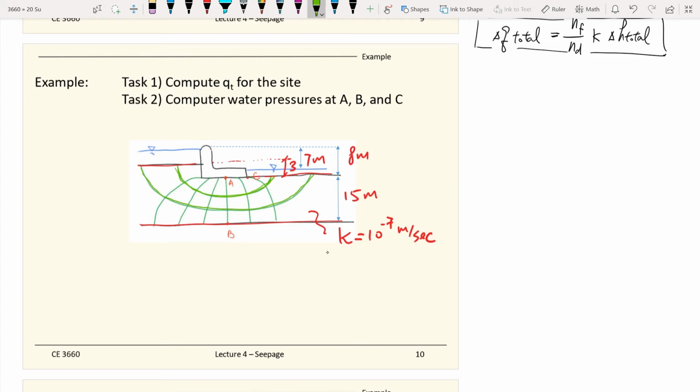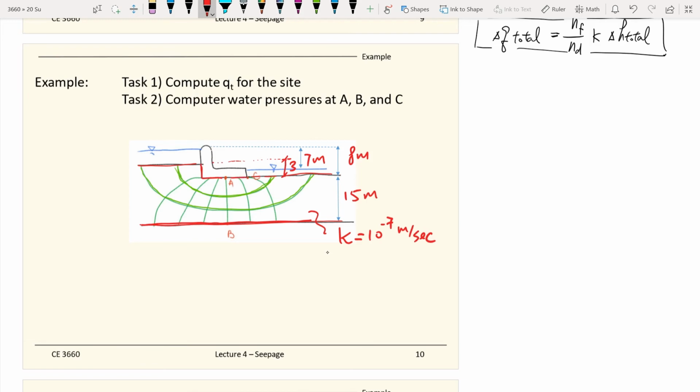Remember, good practice is to keep it to about 2 to 5 flow lines. Then we have the no flow boundaries, which is no flow boundary number one, and this is our no flow boundary number two.